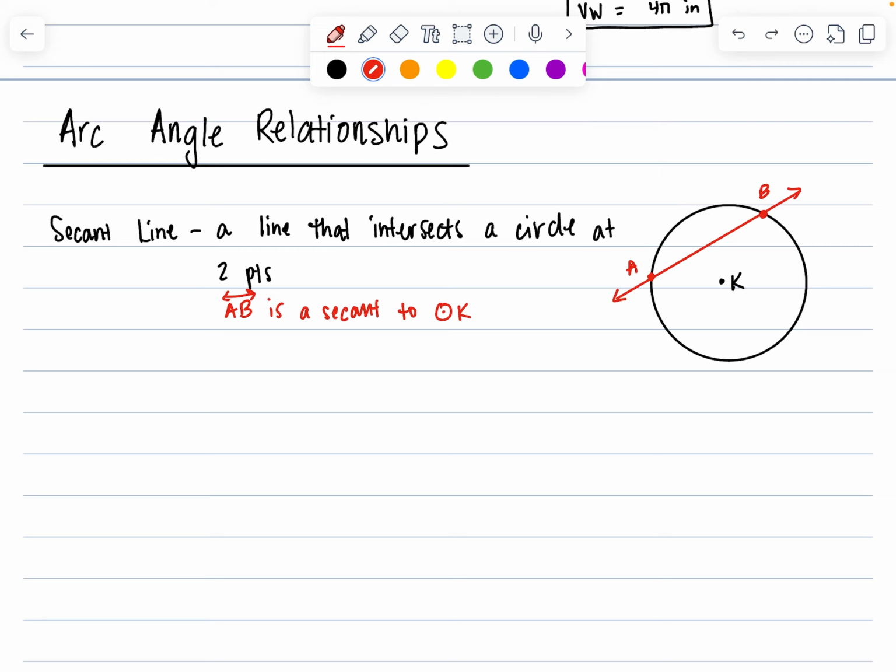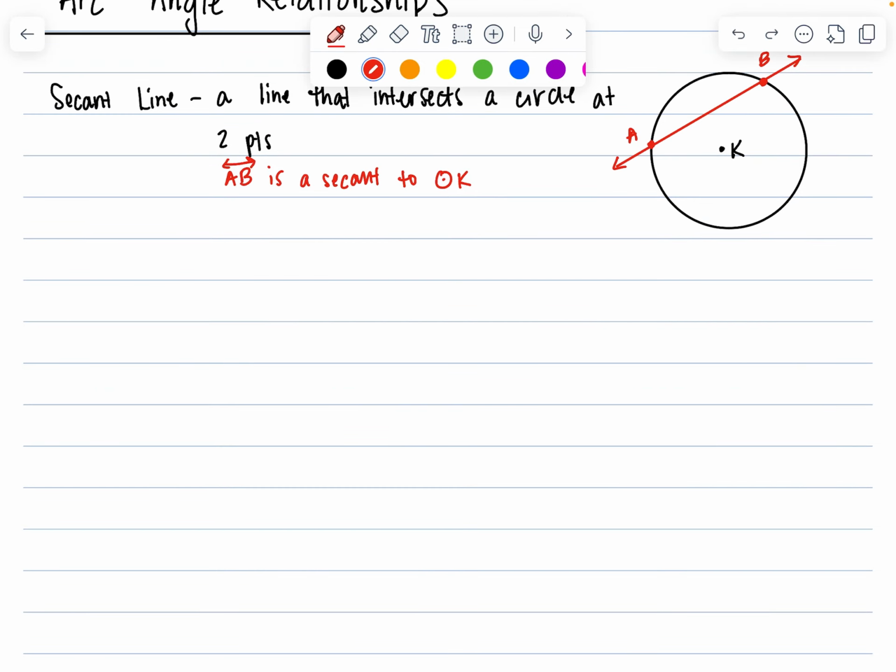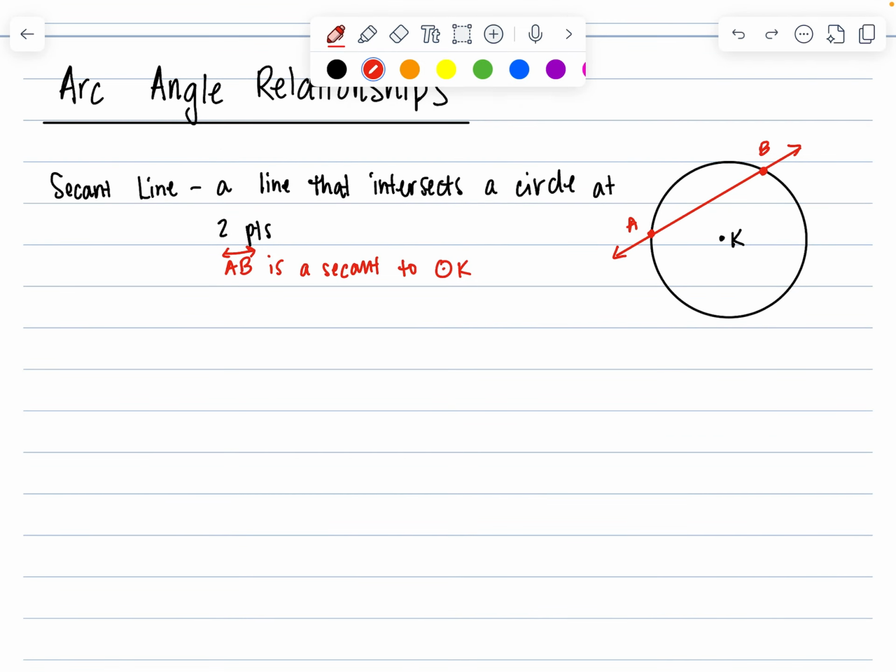When we have secant lines, it definitely creates its own arc, but what we're covering today is an intersection of either secant lines or tangent lines. When you think of an intersection, we think of two lines that meet at one particular point. So I'm going to put this one in pink. For instance, what happens if I were to draw another secant line? We would have an intersection inside the circle.